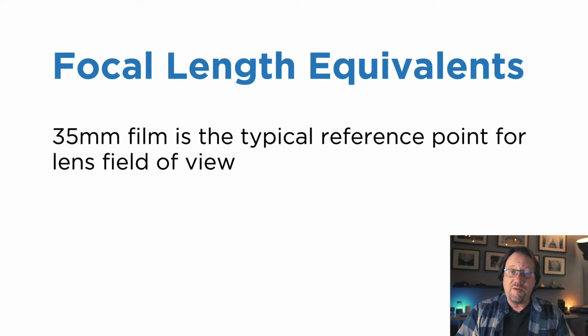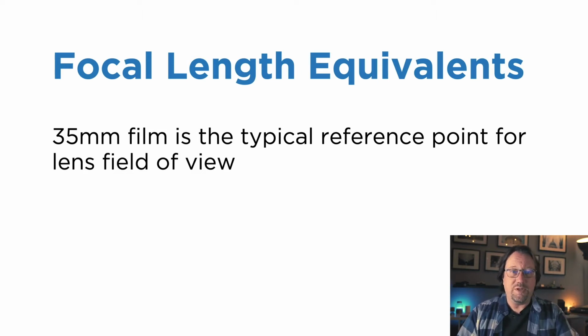So 35 millimeter is the typical reference point for that field of view. We don't use film anymore, but we have sensors, and the sensors come in different sizes. So think of the 35 millimeter film as being a sensor, and it was 35 millimeters from corner to corner, that diagonal dimension.